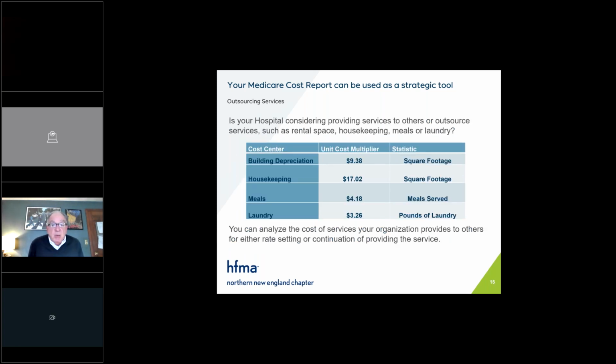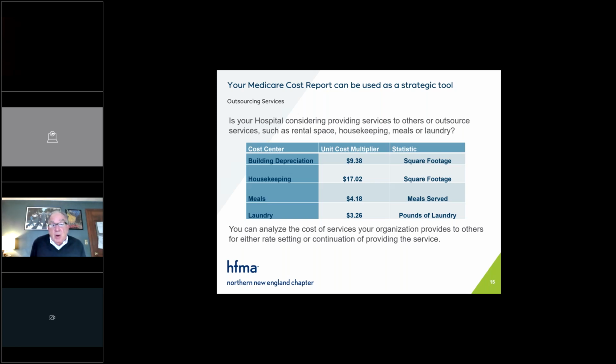You also can use the cost report as a strategic tool if you were considering providing services to others, or you wanted to outsource. So you could look at square footage and what it costs for depreciation.